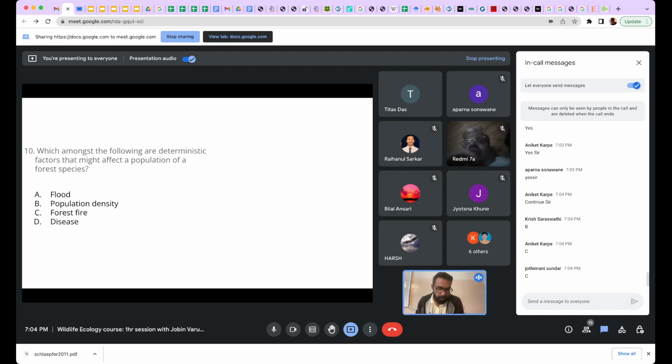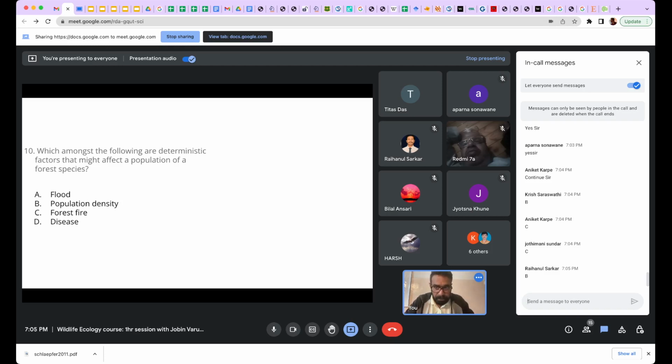Something that may affect the population of a forest species, but it happens once in a while. Like a forest flood may happen once in 3 years, once in 4 years. A forest fire may happen once in 5 years. Diseases may not happen every year. It may happen once in 2 years or once in 3 years, like a big disease.